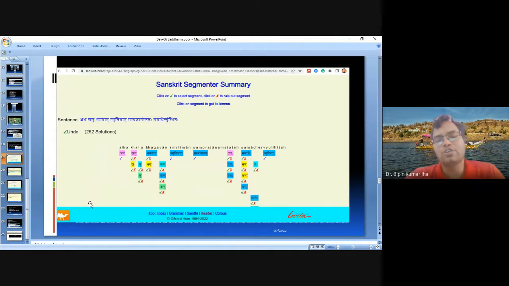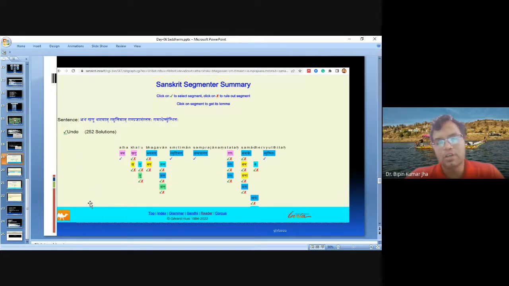Otherwise you need to click on wrong. Okay, so in this way we find that we know what atha means, or that it is correct. Khalu, you can check that it is correct.